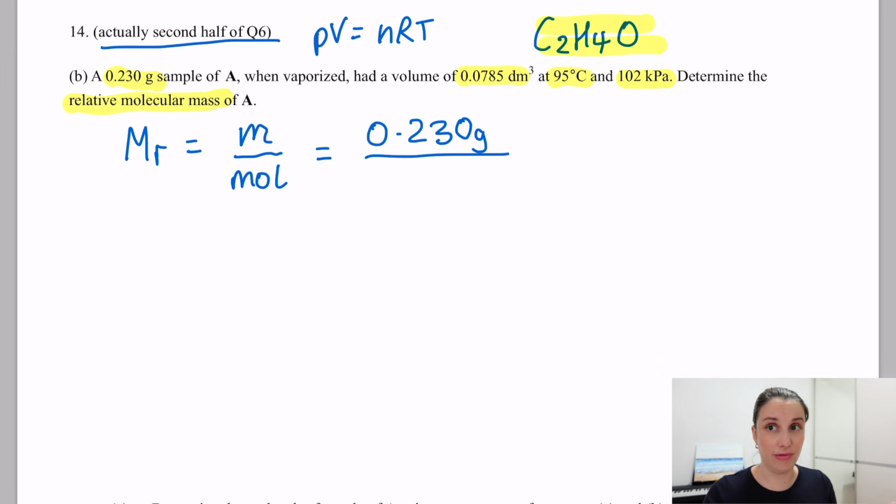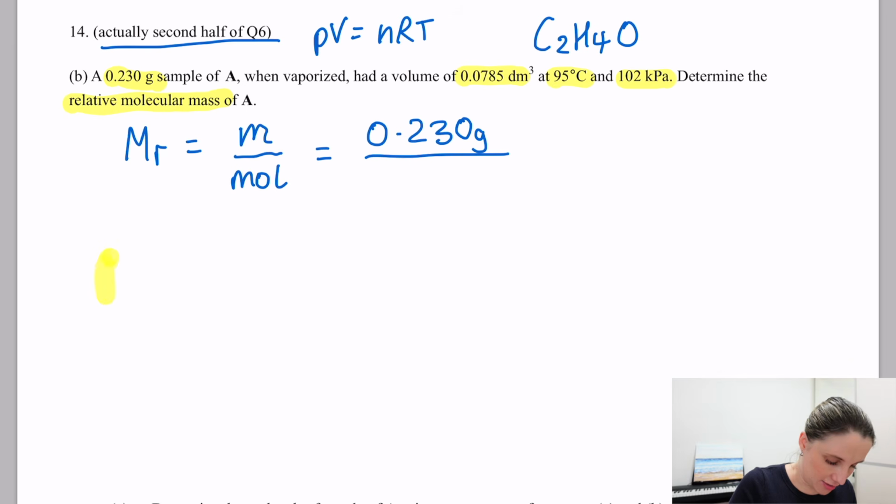It's not the molecular formula. It could be C4H8O2, it could be C200H400O100. I don't know how far it needs to be factored up, so I need to work that out first. So what we're trying to do is we're going to use PV equals nRT to work out the moles. So let's have a look at how that looks.